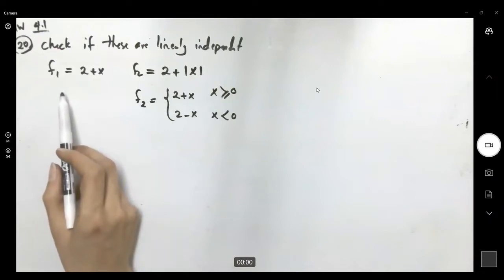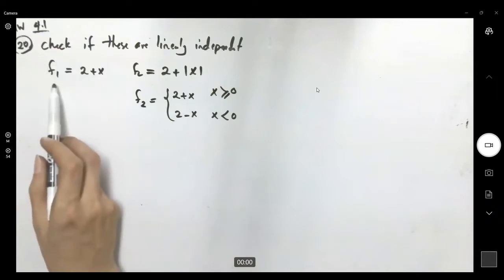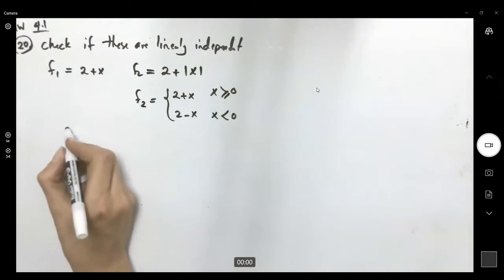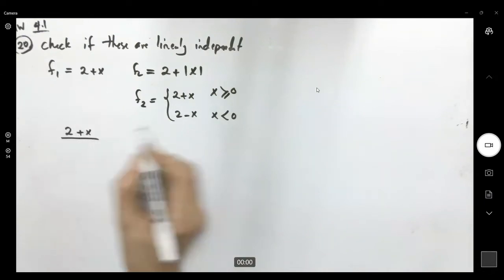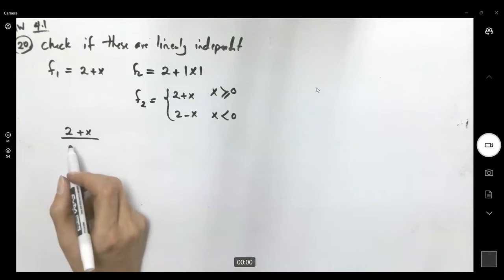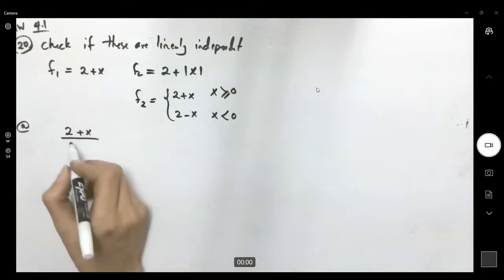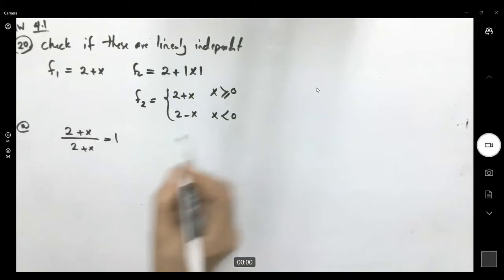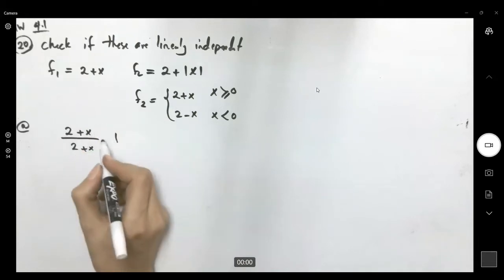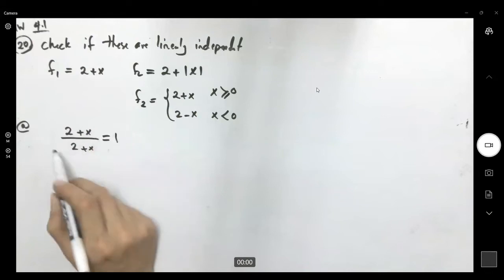Very good. So if we just try to form different combinations and check to see if the ratio is a constant or not, 2 plus x divided by 2 plus x is equal to 1. But the absolute value has two definitions. We cannot just rely on 1.